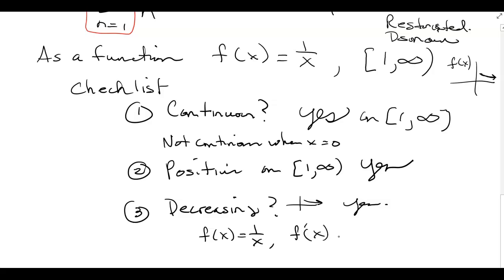F prime of x, well, is what? Negative 1 times x to the negative 2. So here's the deal. We know this. If a derivative is negative, as this derivative is, because this equals negative 1 over x squared, right?